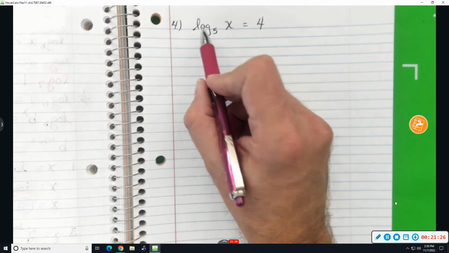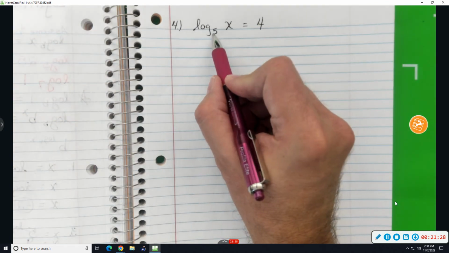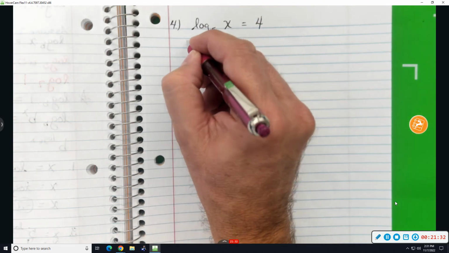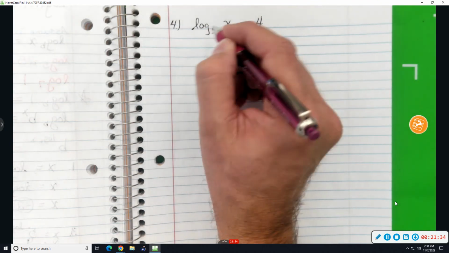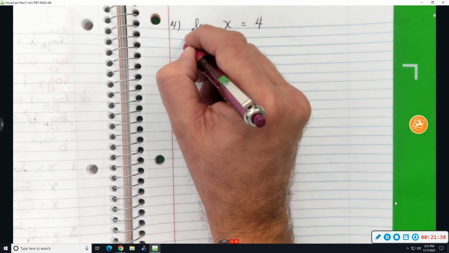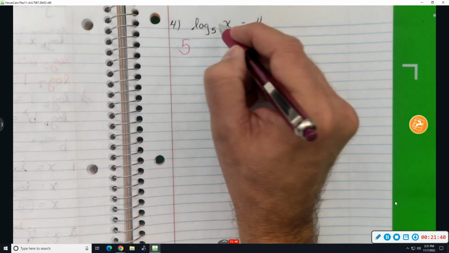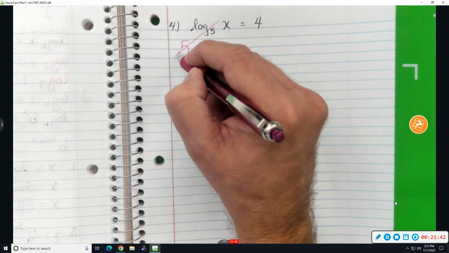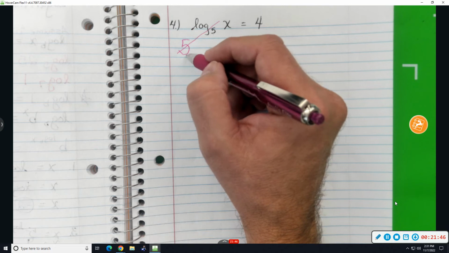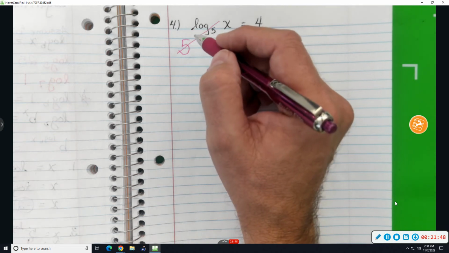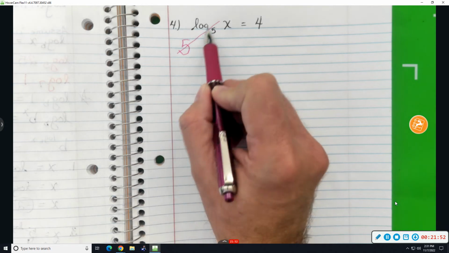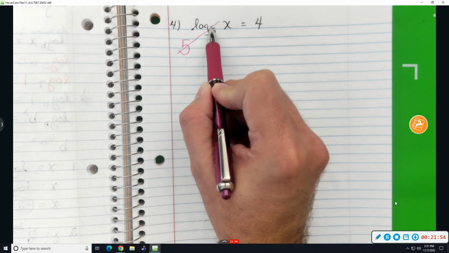So to get this log base 5 to cancel and leave me just an x, what big number would I need to put right here that would cancel that out? What big number? 5. That's why back when I was a student wondering, what happens if the two numbers are different? There's no reason you would ever want them to be different. The only big number you would want here is a 5 to cancel that out.